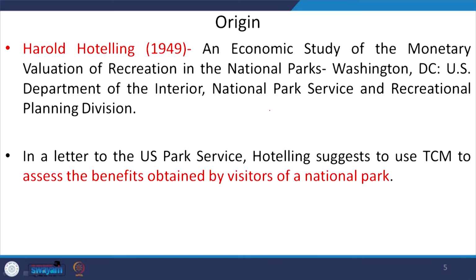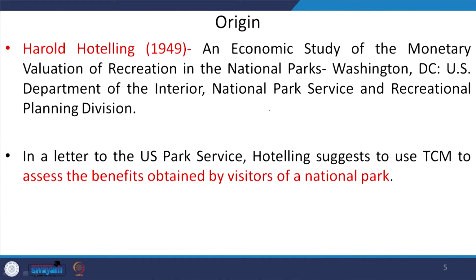But if you go into the detail, as far as the origin is concerned, we can go back to 1949 and Harold Hotelling. For the first time, Harold Hotelling produced a report for the US National Park Service and Recreational Planning Division stating the recreational value of a national park.